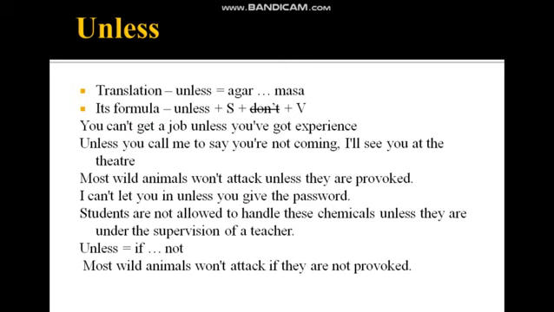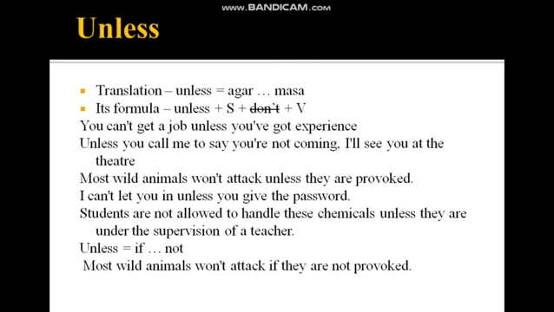You cannot use not once more in the dependent clause of unless, okay? Just unless plus subject plus verb itself. And now let's make some examples to understand, okay? So, by the way, subject plus verb does not mean you can just use the verb itself. Just pay attention to the verb agreement, okay?